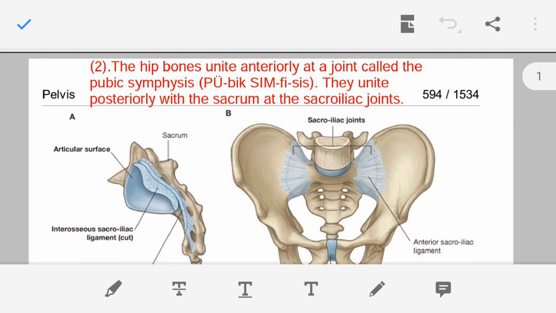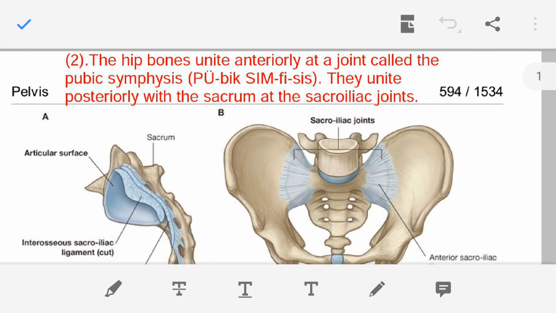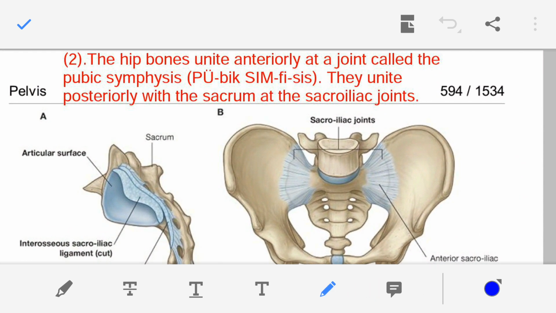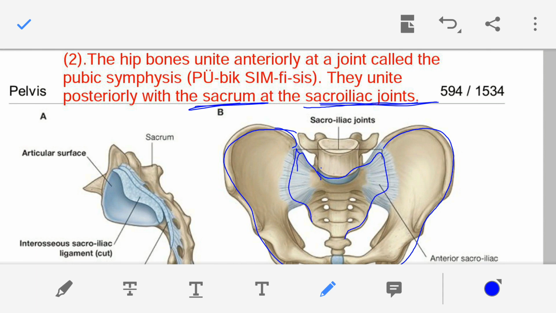And on the back side, on the posterior side, these two hip bones form the sacroiliac joint with the sacrum. For example, this is the hip bone, this one is also a hip bone, and as you can see, this one over here is the sacrum.